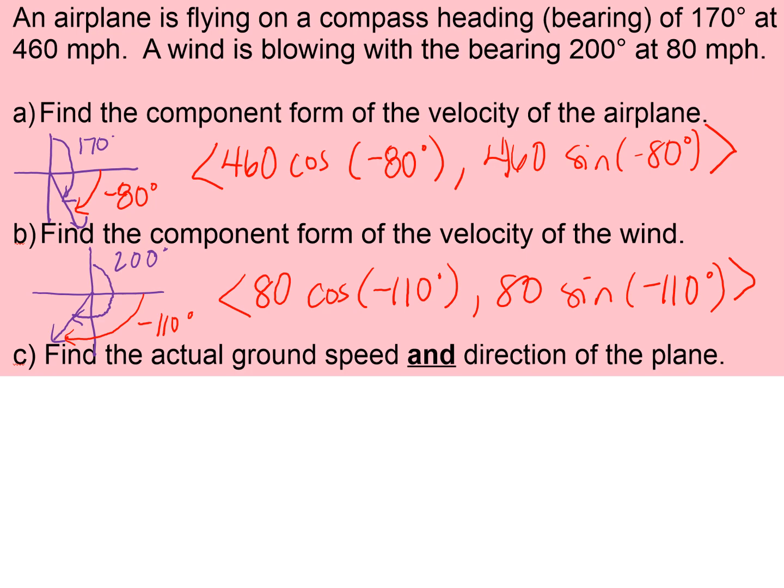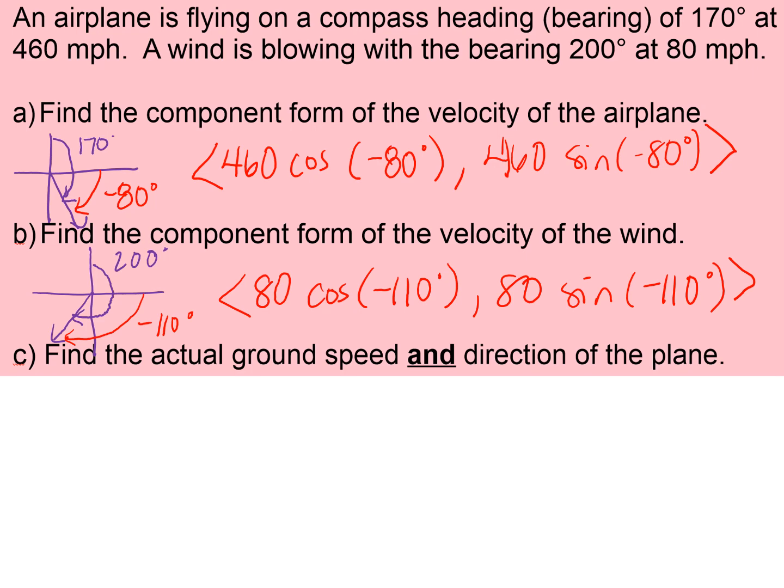So now it's time to find the actual ground speed and direction. We have two forces that are acting on the plane. We have the actual plane itself and the pilot, that's making the airplane go, and then we have the wind.